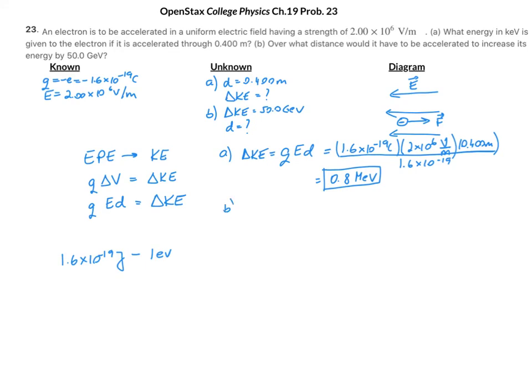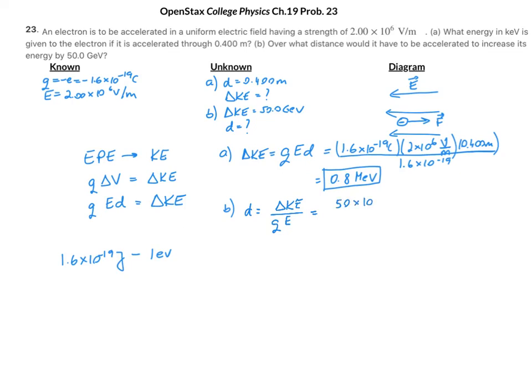Then in part B, we're still starting out with the basic theory here where the electric potential energy is converted to kinetic energy. But now we know the delta KE and we're looking for d. So the distance then is delta kinetic energy divided by qE, and that is 50 giga-electron volts.